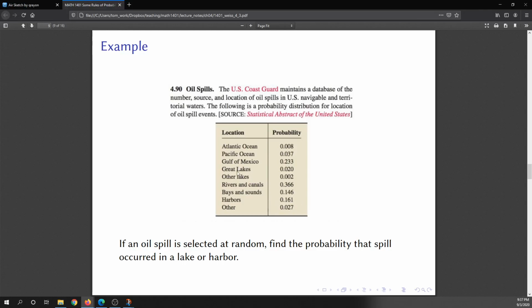On the other hand, though, Great Lakes and other lakes, we don't have the counts here, right? And so it's not as simple for lakes. The only lakes we have are Great Lakes and other lakes, right?